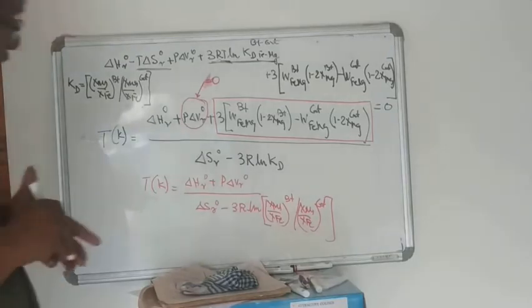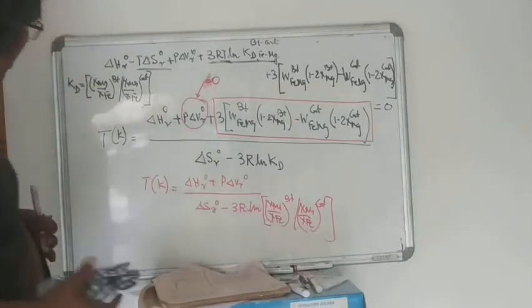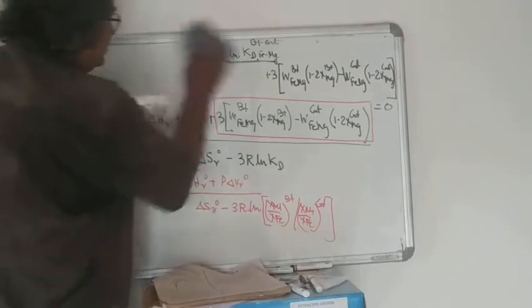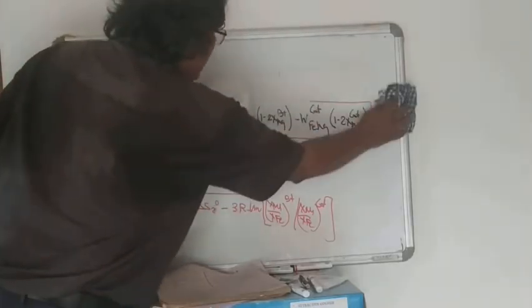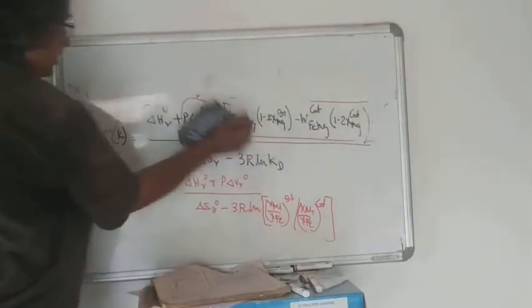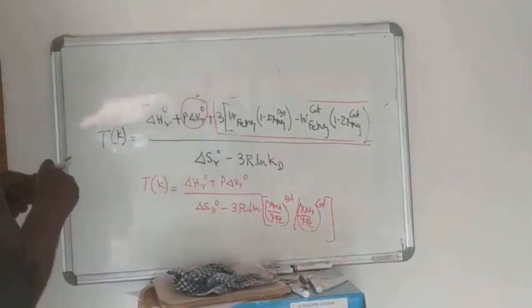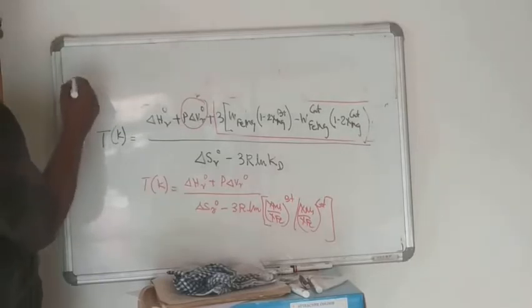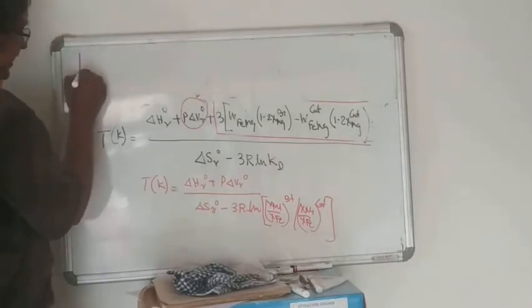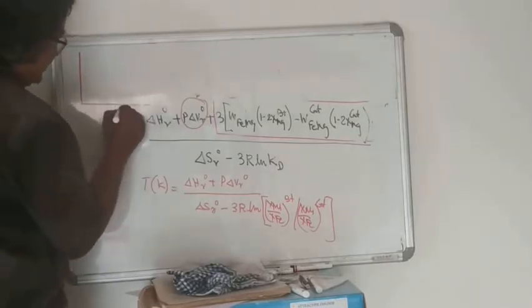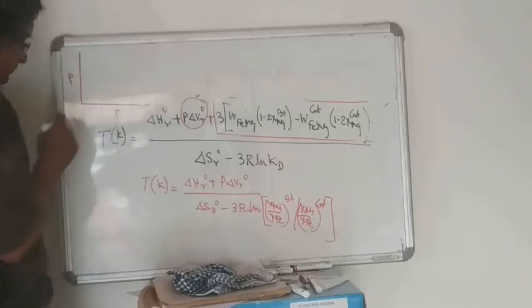Now, a small note before we go into the magnesium iron reaction. A small point to note here, maybe you may not have picked it up. In a temperature pressure diagram, let's say this is temperature and this is pressure.